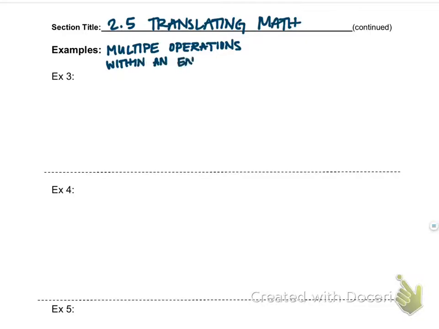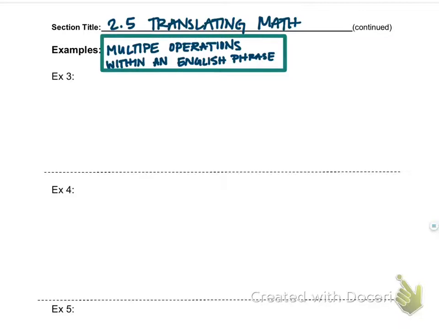These examples are going to be when we have multiple operations within an English phrase. These are going to be situations that will be a little bit more complex and perhaps have multiple operations such as addition and multiplication, or subtraction and division, or any combination of them. So let's get started on our first example.